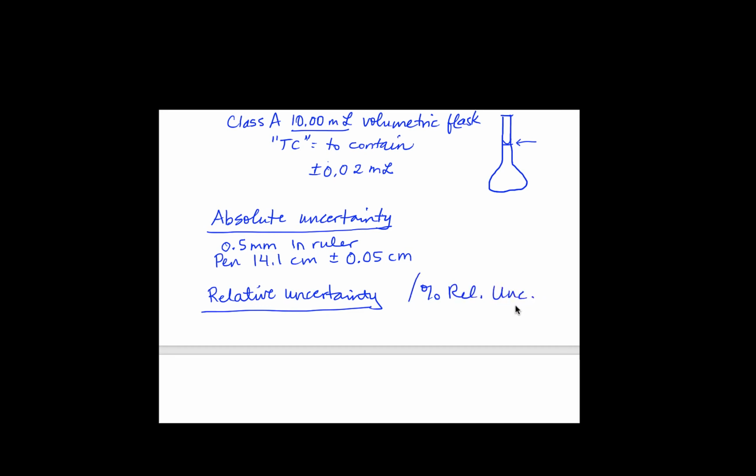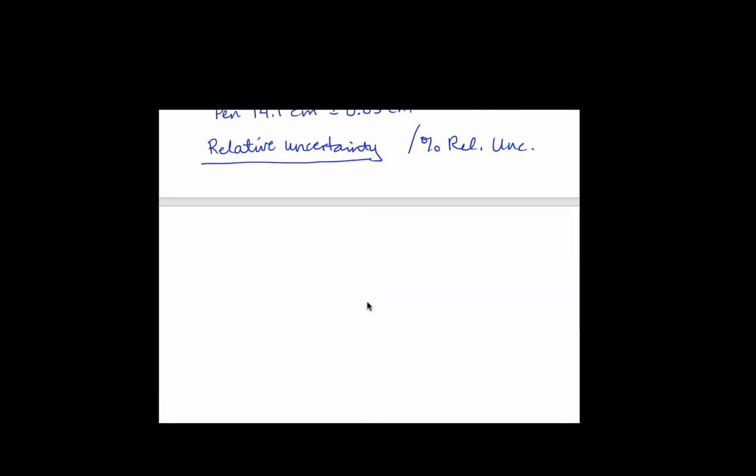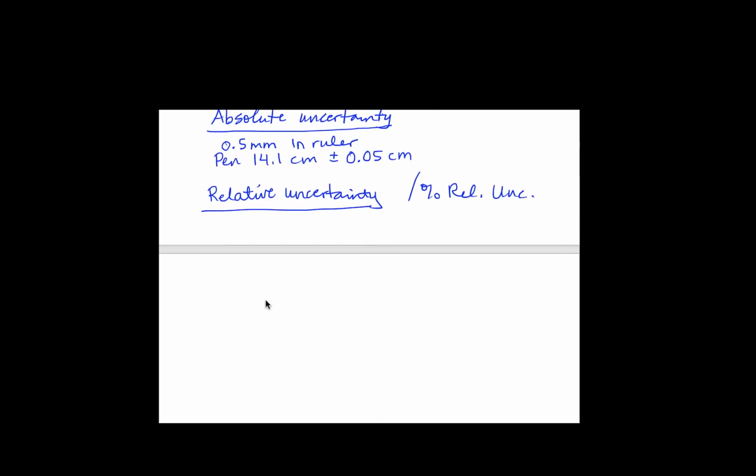And you can imagine that's just the relative uncertainty times 100%. So let's look at this pen. If I have an absolute uncertainty of 0.05 centimeters, then my relative uncertainty is going to be the size of the uncertainty divided by the size of the measurement.